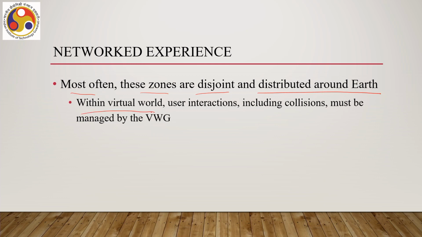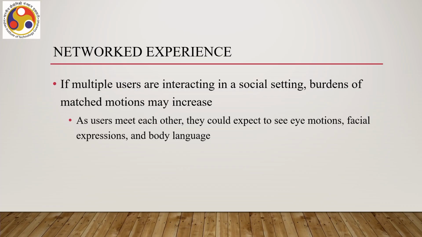Within the virtual world, user interactions including collisions must be managed by the VWG, whether they are close by or they are spread around the world. Now, if multiple users are interacting in a social setting, burdens of matched motions may increase.